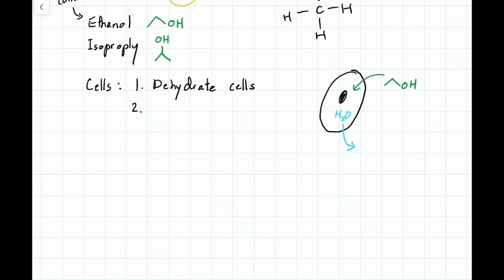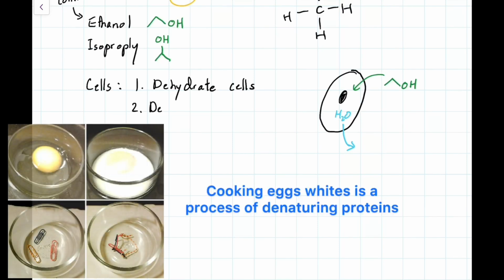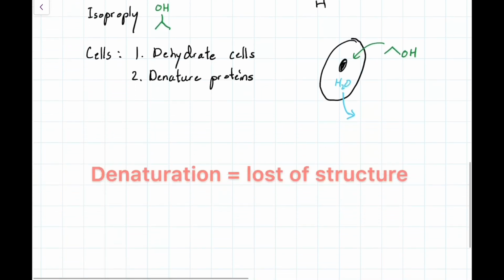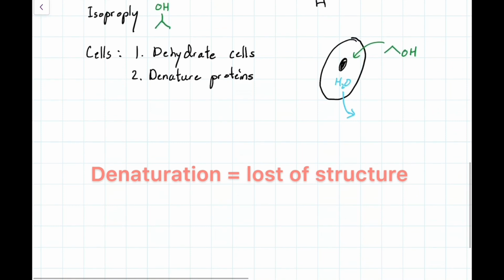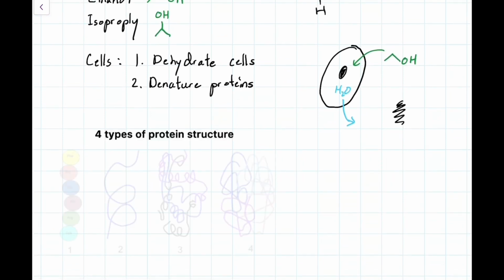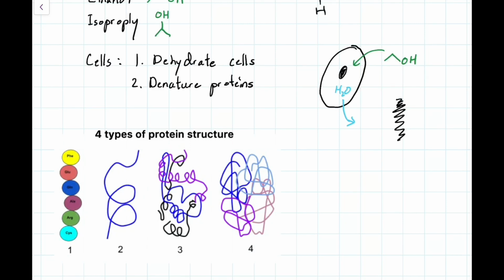And then, when alcohol is inside the cell, it denatures its proteins. This means that it causes the protein to lose its shape, and therefore destroying its function. For example, if a protein originally looks like this, after encountering alcohol, it becomes like this.